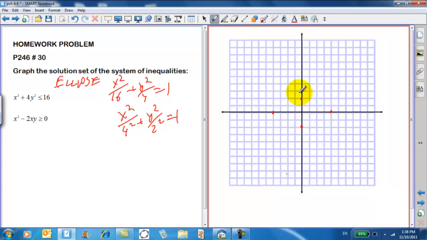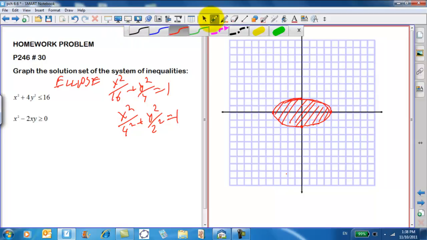And that's our box of extent, and the ellipse has to stay inside there. There we go. There's the ellipse. And since it's less than or equal to 16, we can test a point like 0, 0. It works, so that means we shade the inside. The ellipse divides the plane into the interior and exterior regions, so we just have to test one point off the ellipse to see which way to shade.